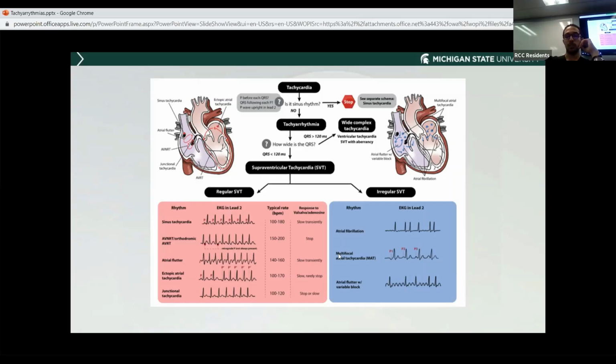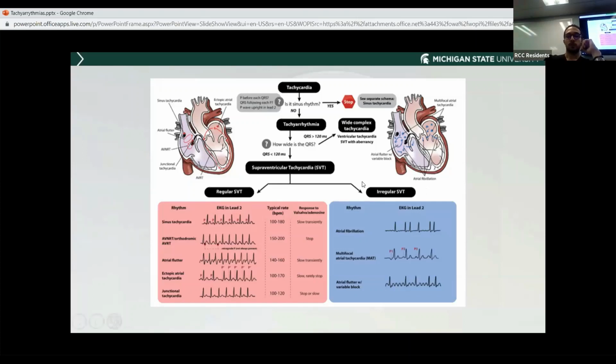And the last thing is multifocal atrial tachycardia, when you have not only a single ectopic focus, as here, with a single abnormal P wave, but at least 3 abnormal P waves. Since you have 3 abnormal foci firing, you will have an irregular heart rate with at least 3 abnormal P wave morphologies within the same lead strip.